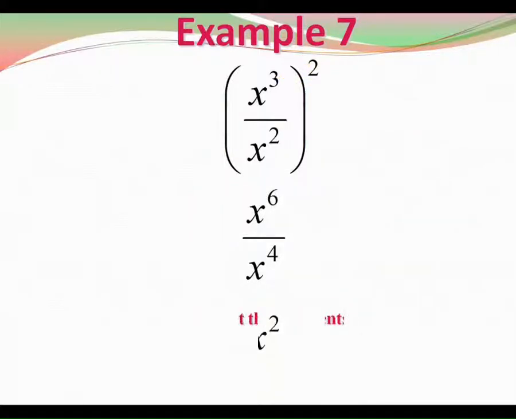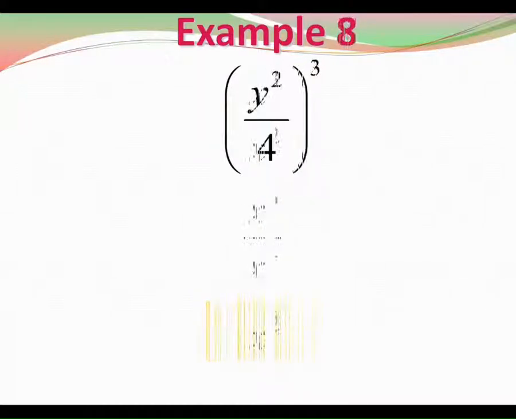That's what we got. All right. So in this case, y to the second divided by 4, all to the third. We're going to take that outside exponent inside the parentheses, because we can't simplify what's in the parentheses any further. We'll take that outside exponent to both the numerator and the denominator.